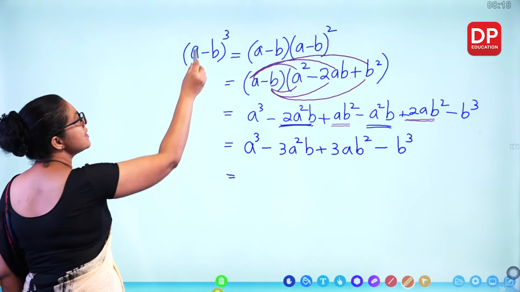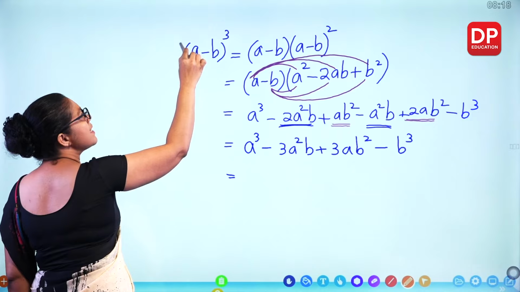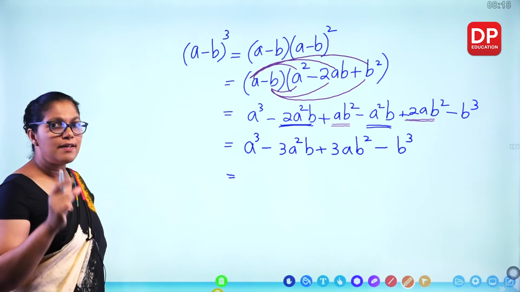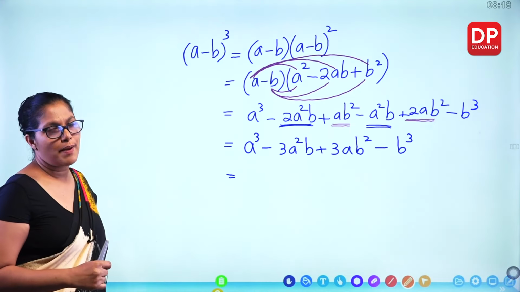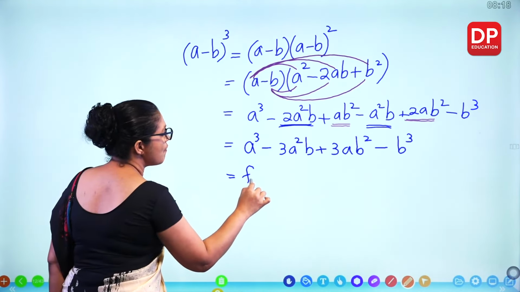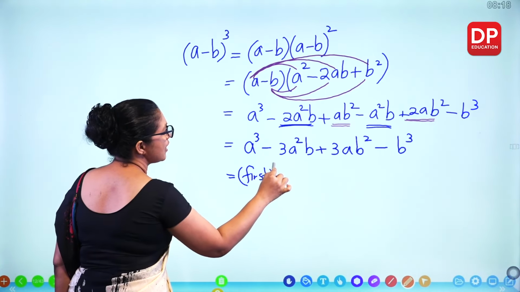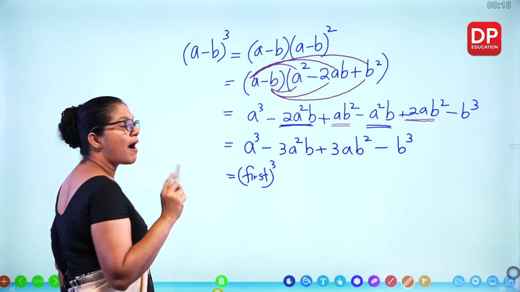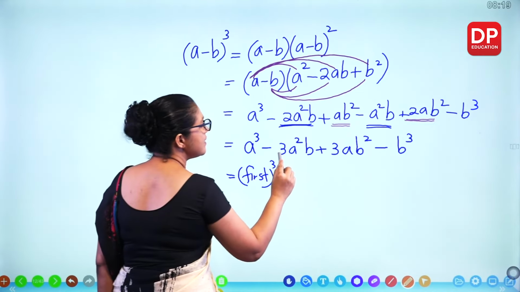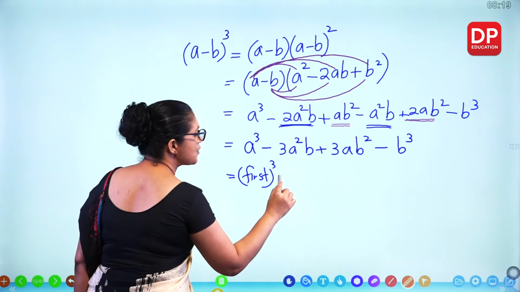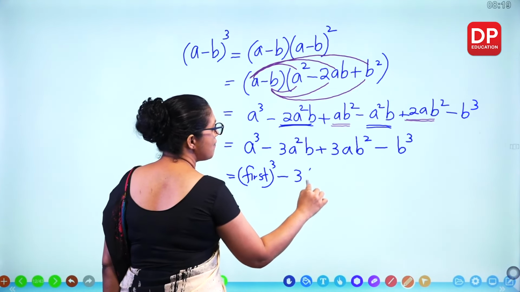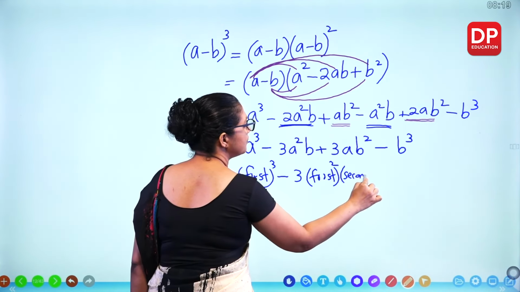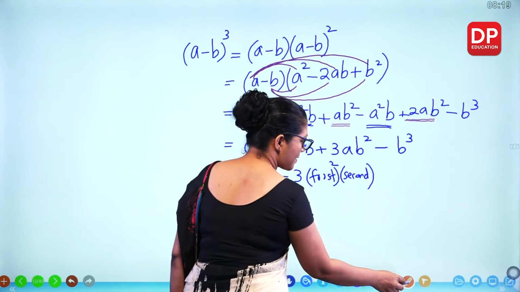Or if you can take first term as a and the other one as minus b, and then with the sign we can expand. So here I'll write down first term cube. Then we observe the same pattern. The first term power reduces by 1, and this is 3. Always the middle terms 3. So this is minus 3 first term squared and the second term power 1. Or I'll write last term.